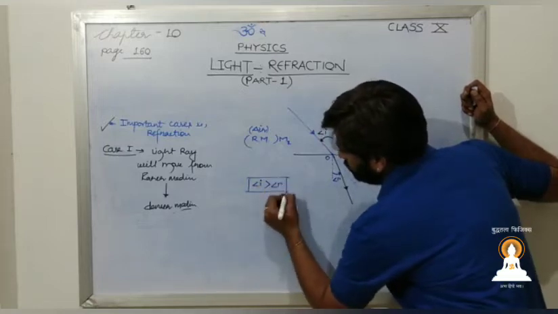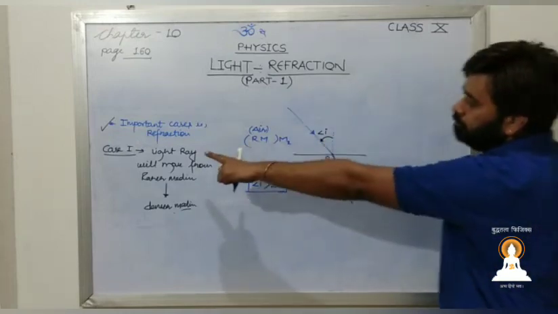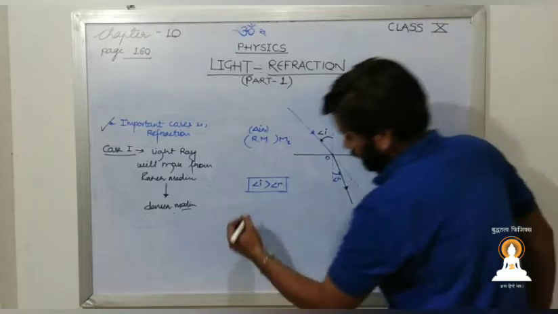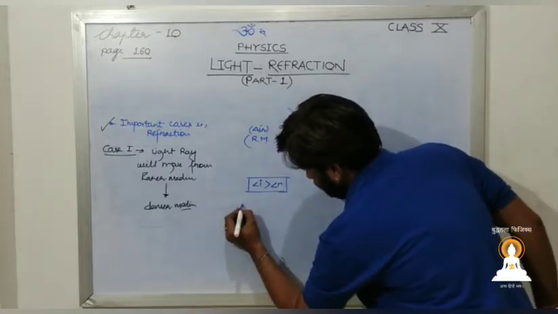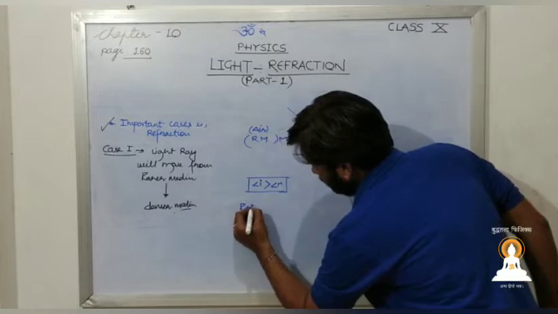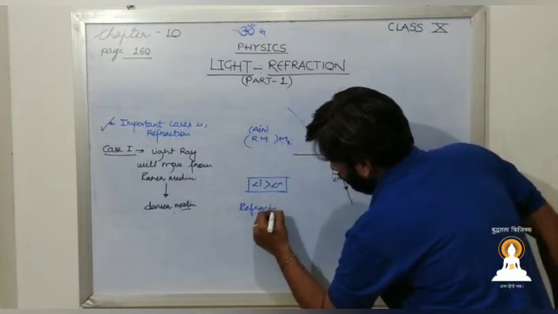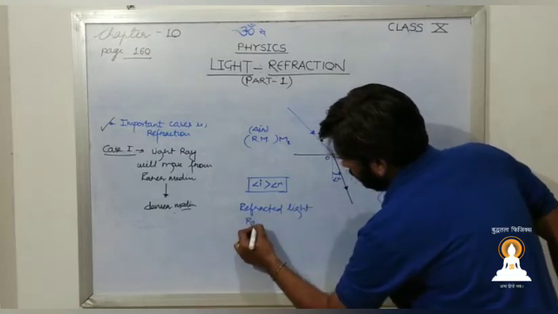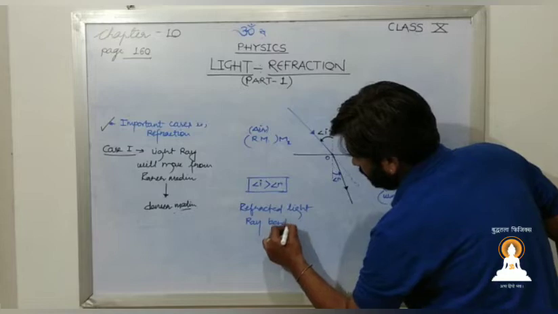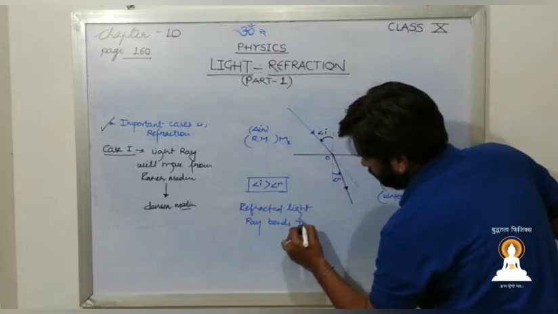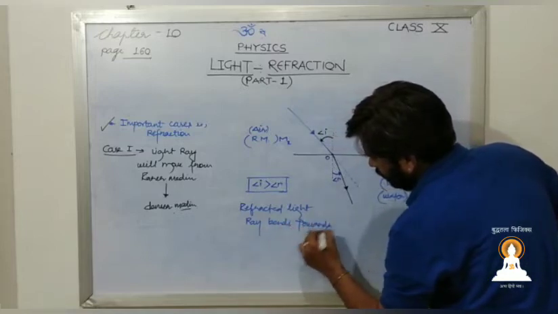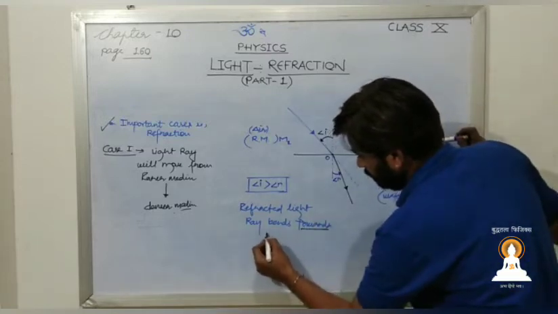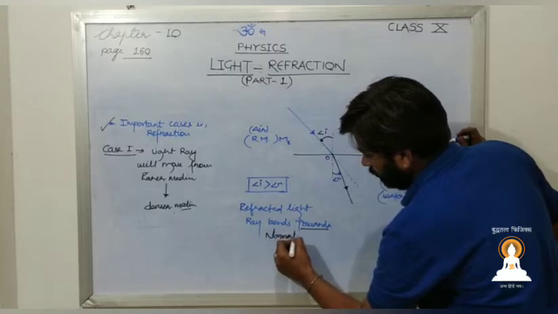So remember this: when a light ray moves from a rarer medium to a denser medium, the refracted light ray bends towards the normal.